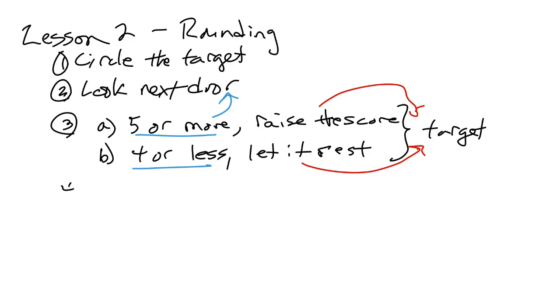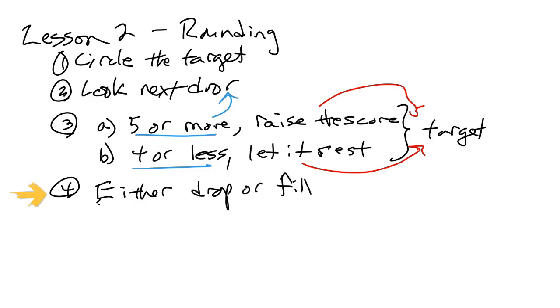And then the last step was to either drop or fill. Either drop off decimal values after the decimal point, or fill remaining place values with zeros.